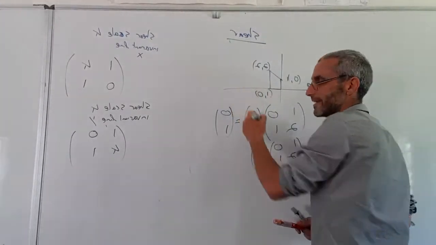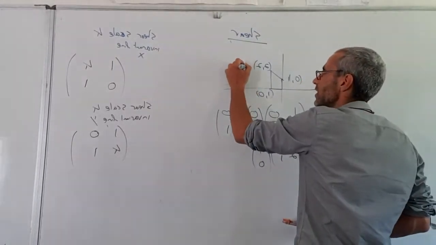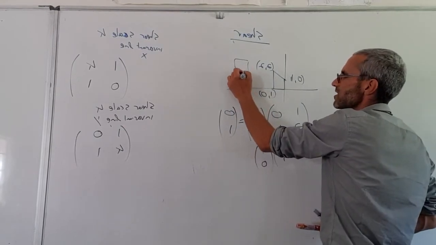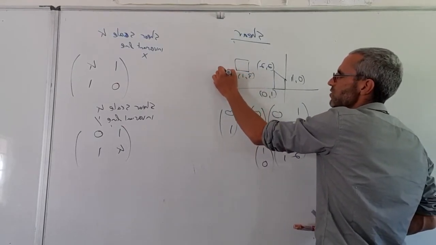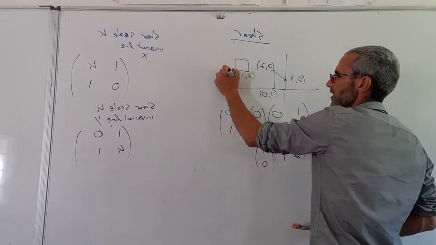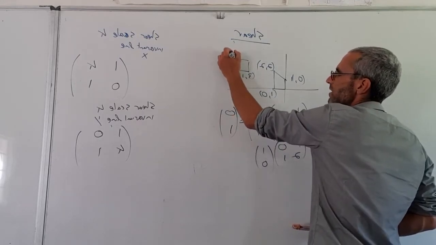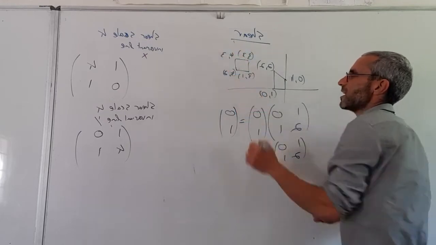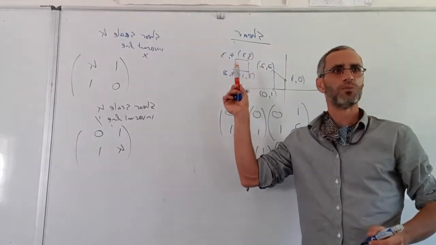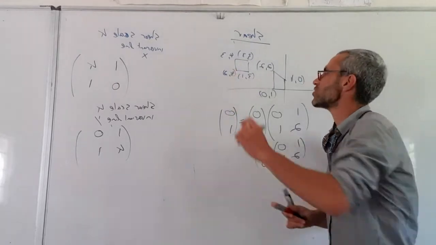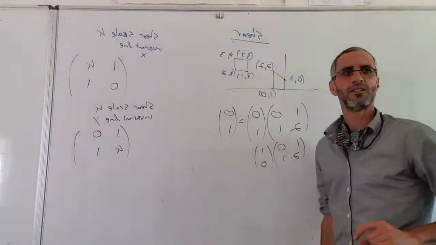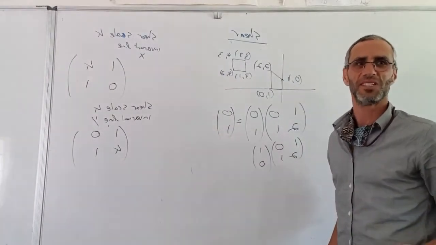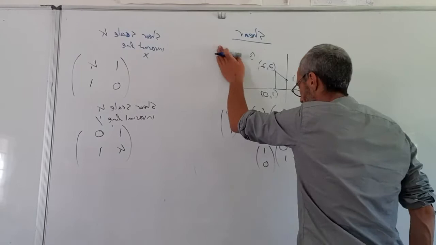In the exam, I could easily draw a square here, say 3, 1, 3, 2, 4, 2, 4, 3, and ask you what it is going to be transformed to. Then you just need to put these coordinates here. So the shape doesn't have to be on the origin. In fact, most of the time it won't. But let's carry on with this.